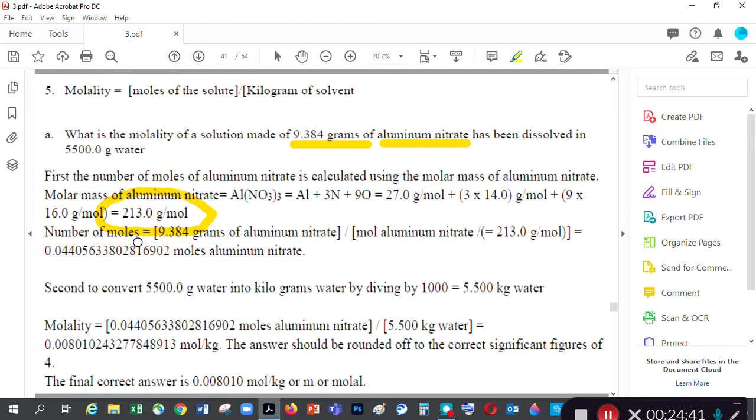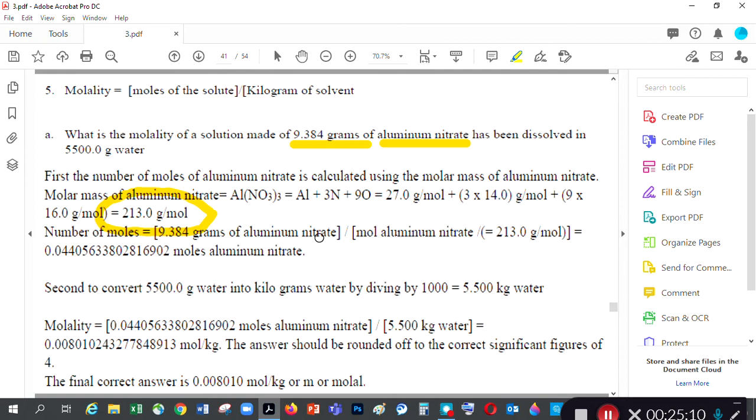Now we have the molar mass and we have the mass, correct? You take the mass given here and divide by the molar mass to get your moles.